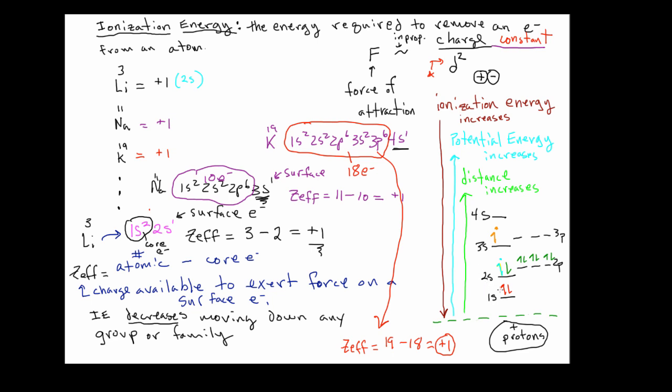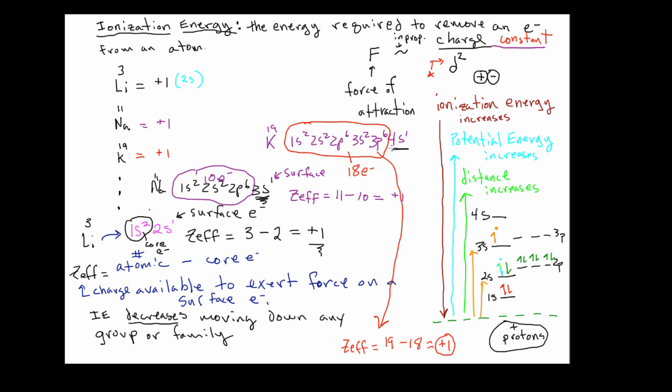The surface electron for lithium is in energy level 2. So the distance factor is from here to here. But the surface electron for sodium is between here and here. There is a huge difference in distance between the surface electron for sodium and the surface electron for lithium.